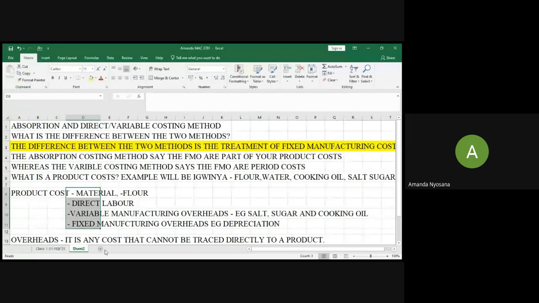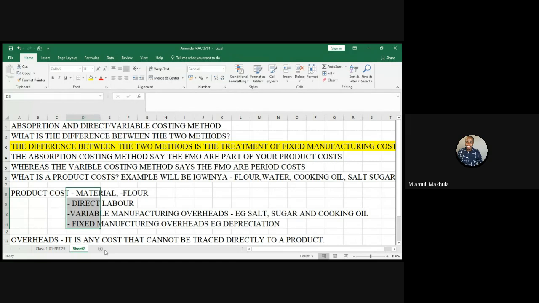It is an IFRS concept, because this is IAS 2 when we are talking about inventory. So, in other words, when we prepare our statements using the absorption costing method, we will be in compliance with IFRS, my friend.